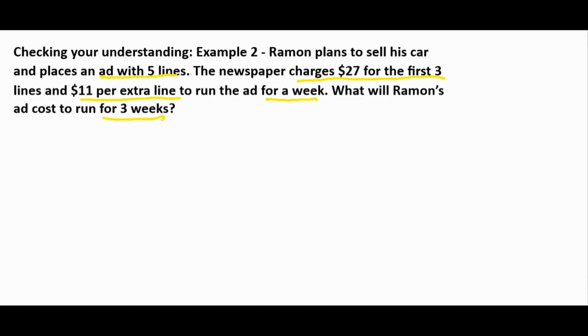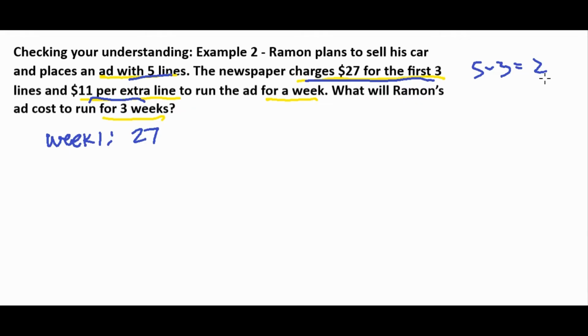So let's first solve what happens for 1 week. So week 1, he's going to get charged $27, and that's going to include the first 3 lines. Now he ran a 5-line ad, so 5 lines minus 3 lines is going to be 2 additional lines that we need to pay for here, and each additional line is going to be an extra $11.